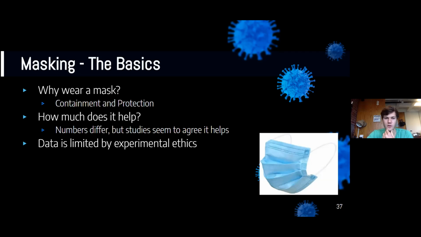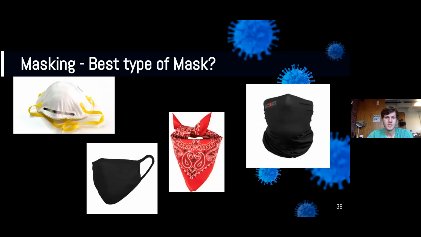But again, those are pretty shaky because masks are often used in conjunction with stay-at-home orders or social distancing. So it's hard to isolate the effect of masks themselves. But onto some studies on what the best type of mask is and what the difference is in particle emission between masks.